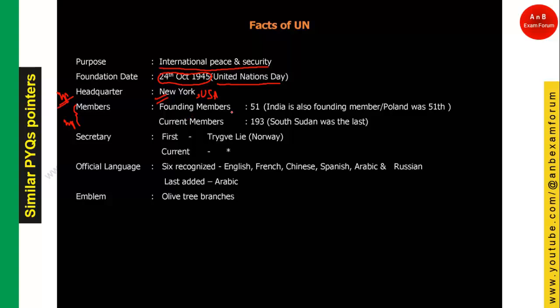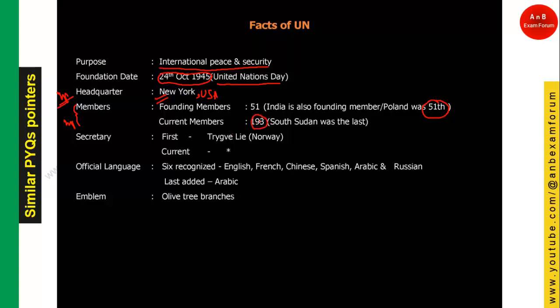Just remember, there are 51 founding member countries, not persons. India is also one of the founding countries of the United Nations, and Poland was the last, the 51st founding member. And currently, as of the recording of this video, it is 193.